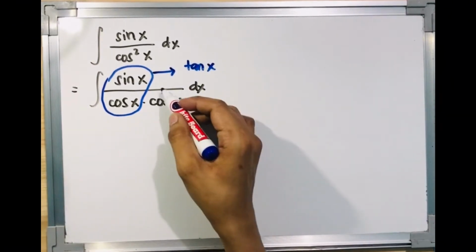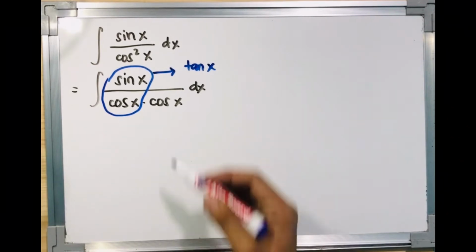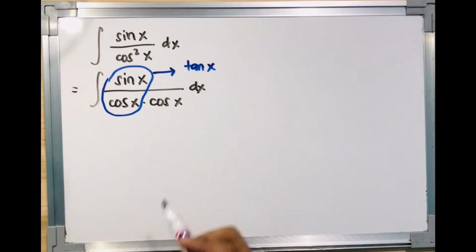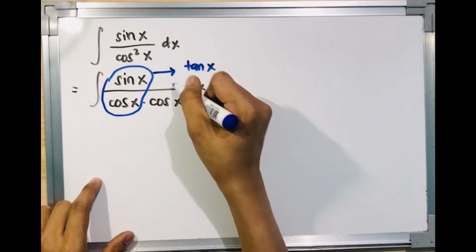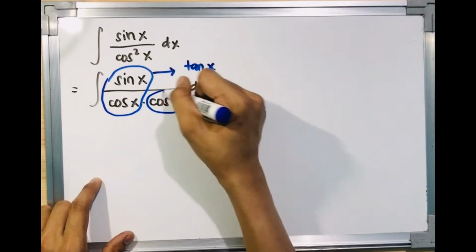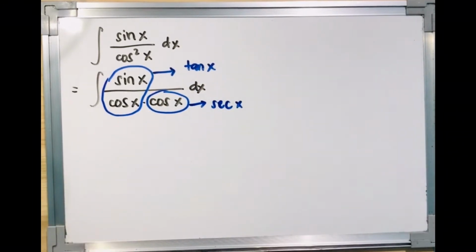At ano nga ba yung cosine of x? Yung reciprocal ng cosine of x to kasi nasa denominator siya. Therefore, the reciprocal of cosine of x is secant of x. Okay, so, i-rewrite na lang natin yung function. This will be 1 over cosine of x. Magiging siyang secant of x.